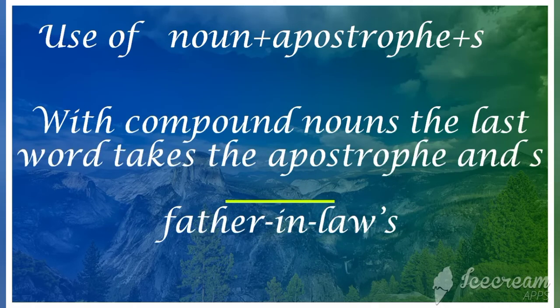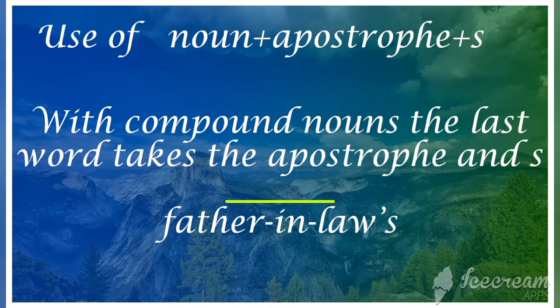Then with compound nouns, the last word takes the apostrophe and s. What did we study? When two or more nouns join together to form one word, it is a compound noun. Here three words are together: father, in, law. So for compound nouns, we add apostrophe s to the last word.